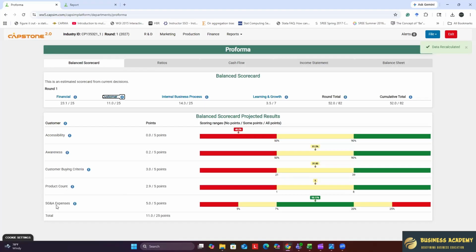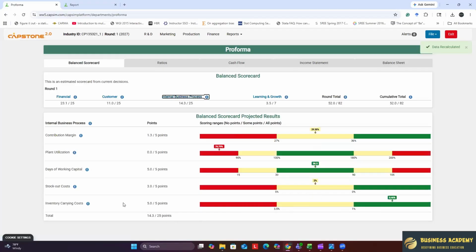And then your SG&A expenses, that means sales, general, and administrative expenses. You have to keep this in check because your advertising expenses are also part of this, which is your promo and sales budget. You can have it between 7% and 20%, and it should not exceed that. I will teach you a process that will allow you to do that.